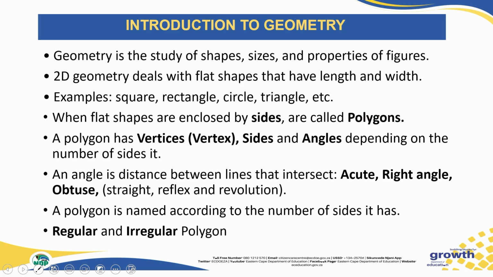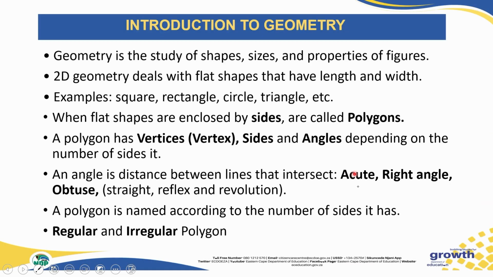Now, a polygon will obviously have three things or three properties that we are to look at. It has the sides. How many sides does it have? It has angles. How many angles does it have? And obviously, it will have the vertices. Now, for an angle to be formed, those lines must intersect.